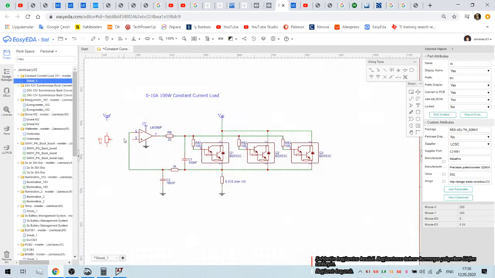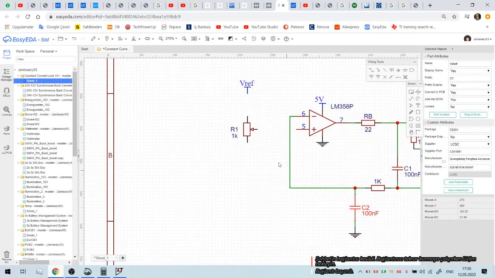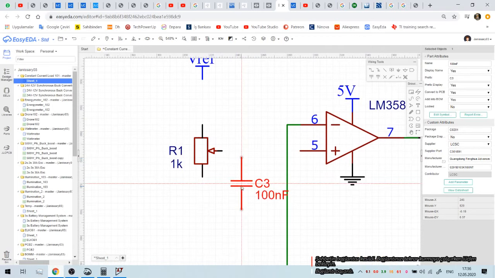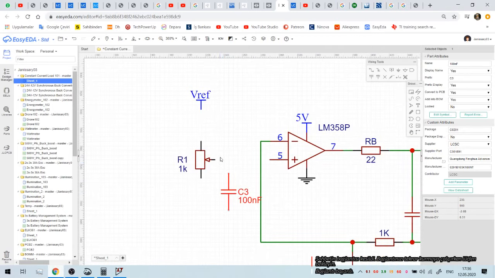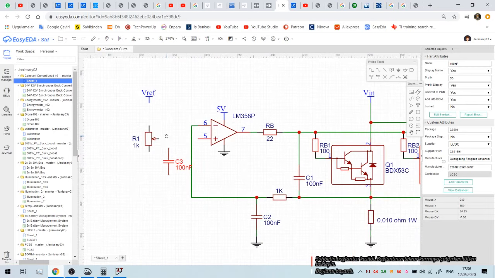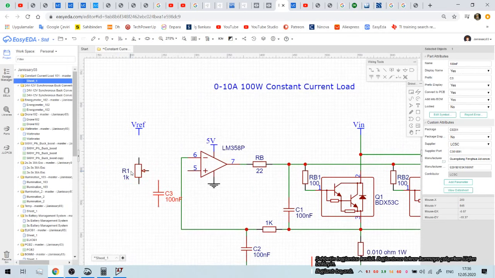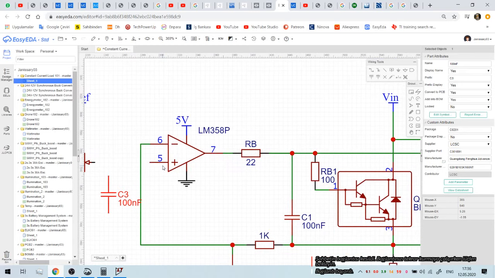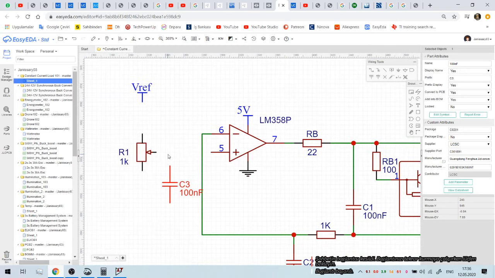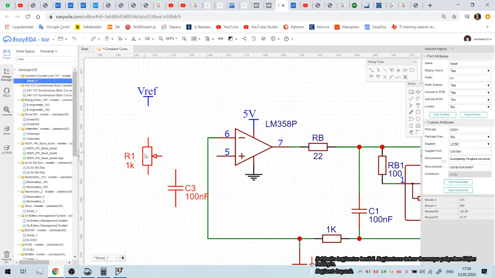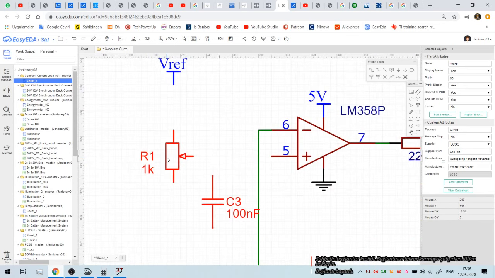Also, I want to filter this. And also I want to limit the current to 12 amp maximum. 12 amp maximum, 20% error margin, and it will give us, how can we calculate it.